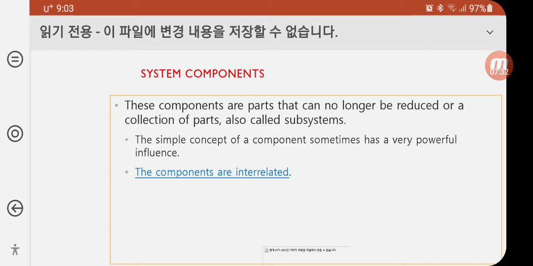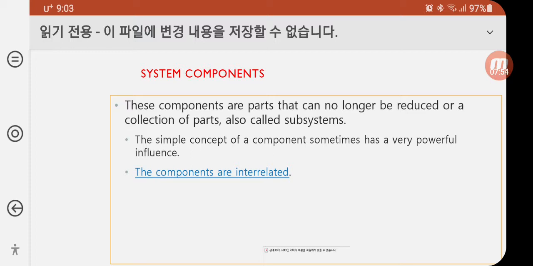These components are parts that can no longer be reduced, or a collection of parts is called subsystems. The simple concept of a component sometimes has a very powerful influence. The components are interrelated.